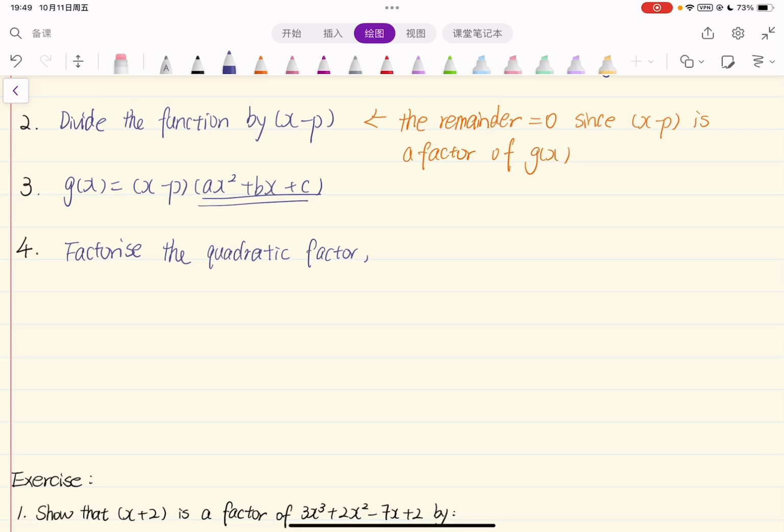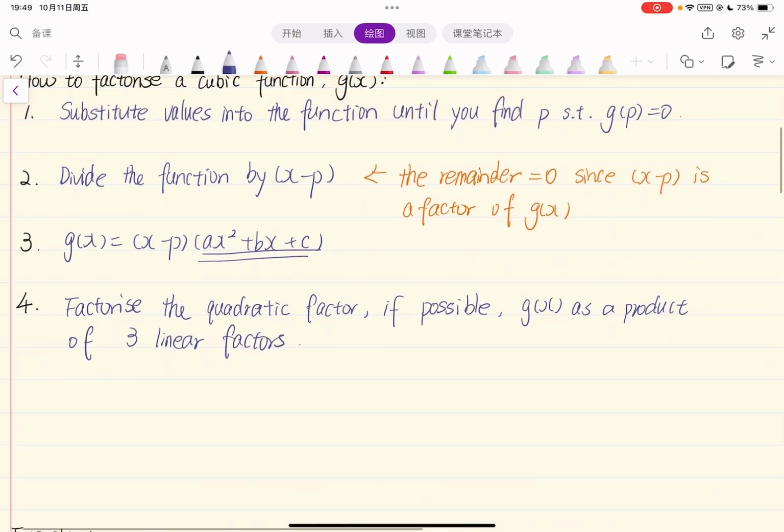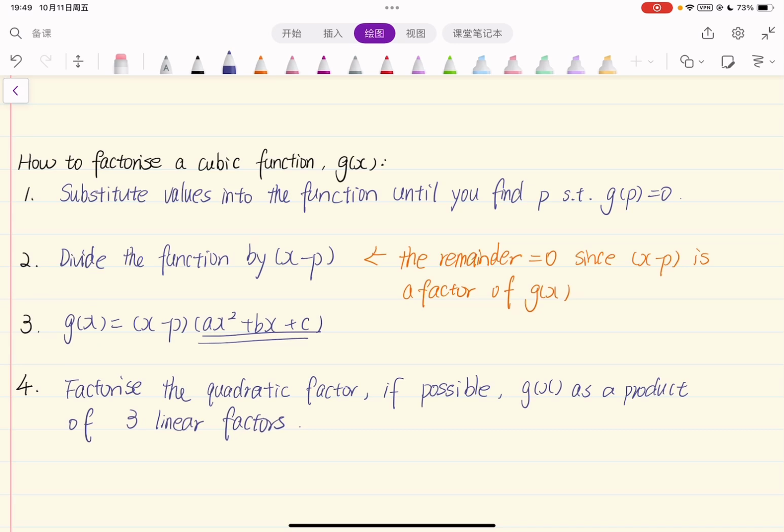If possible, you can have three factors, so g(x) as a product of three linear factors. So here is the process to use long division and the factor theorem to factorize a cubic function.